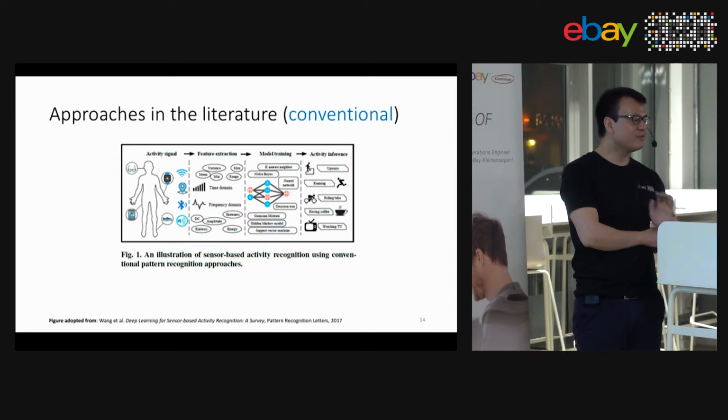We can see for conventional machine learning methods, we have two columns in between. The second column is feature engineering, so we need to manually design features from the raw data.